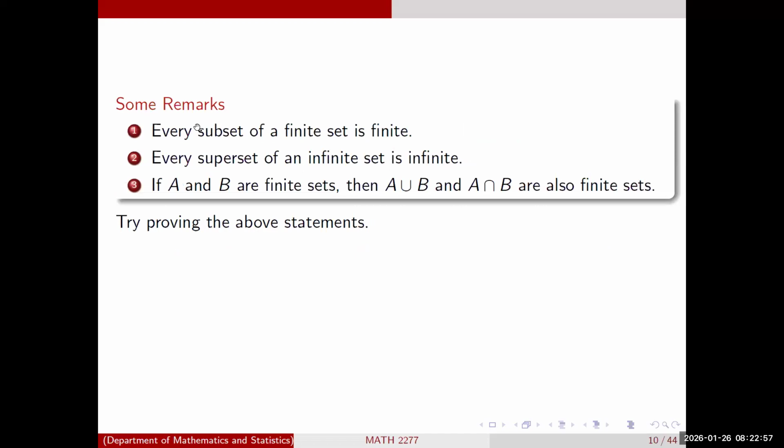It's this one we did on slide 10 that said every subset of a finite set is finite, every superset of an infinite set is infinite, and if A and B are finite sets, then the union and intersection are finite. So you see the word finite, we want to replace that now by countable, because countable means finite or denumerable.